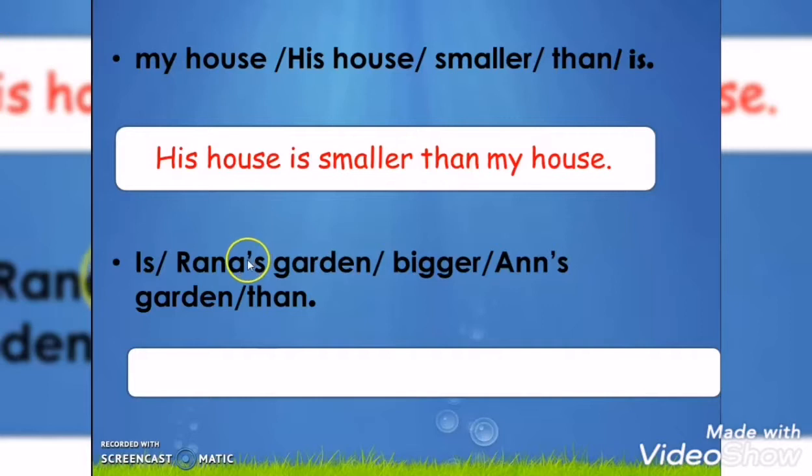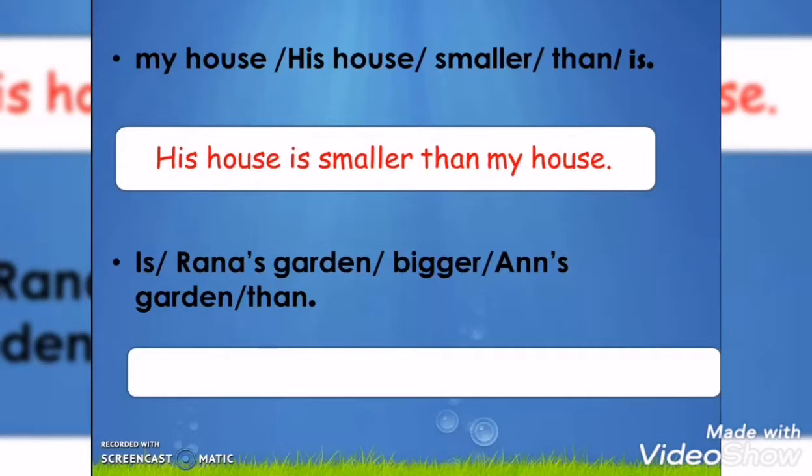Now, we have Rana's garden, bigger, Anna's garden, and than. So I'm comparing two places or two things, Rana's garden and Anna's garden, where the adjective word is bigger. So I should start the sentence with the subject, then the verb, which is is, then I write the adjective word.